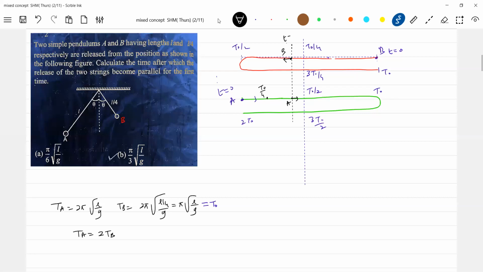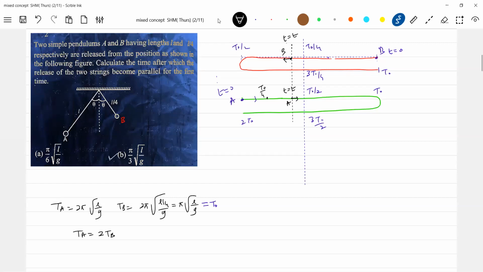This is time T. So this time is what is being asked, parallel for the first time. It should be greater than T naught by 4, that we are very sure.